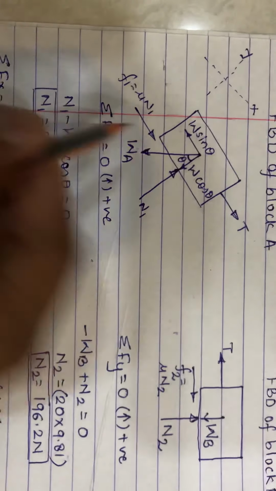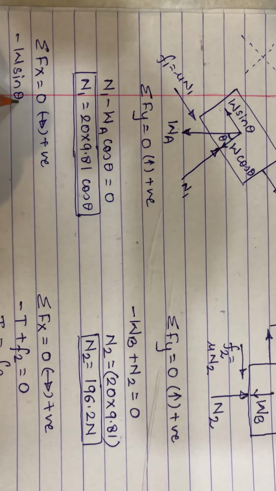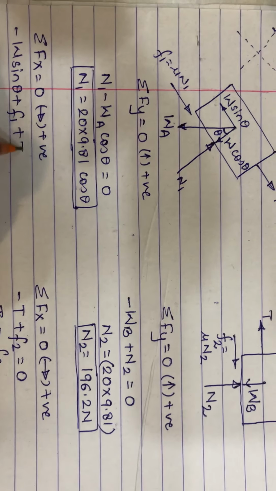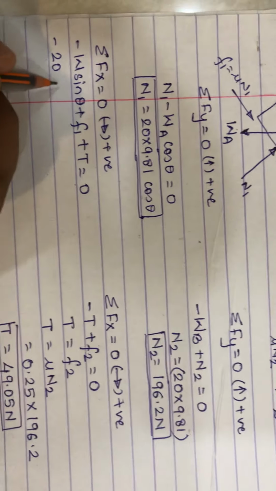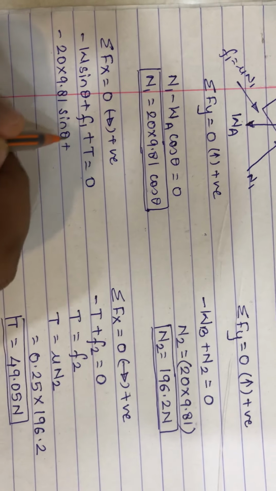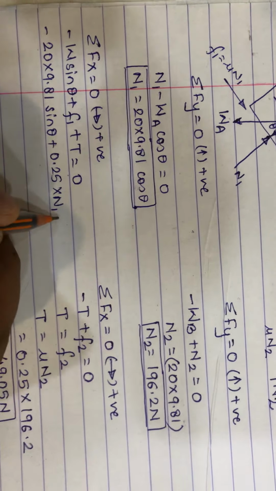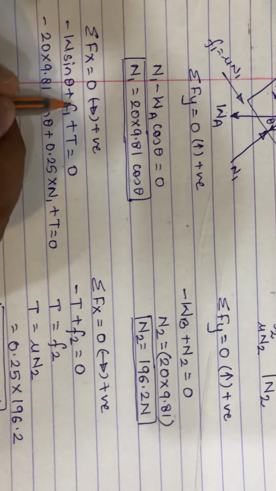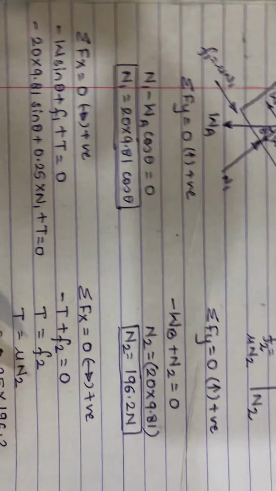So we take minus W sin theta plus F1, in the same direction as the assumption, plus T equals 0. That is minus 20 into 9.81 sin theta plus 0.25 N1 plus T equals 0, as F1 is mu N1 and mu is 0.25.